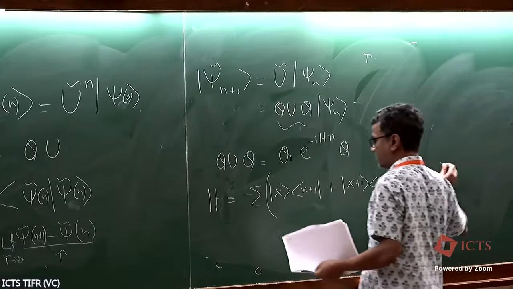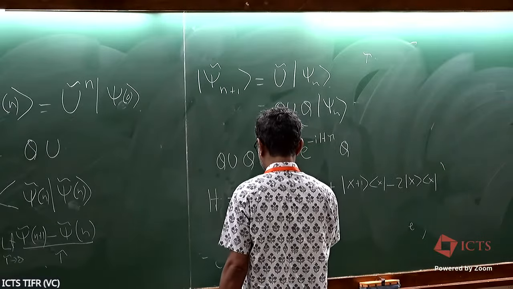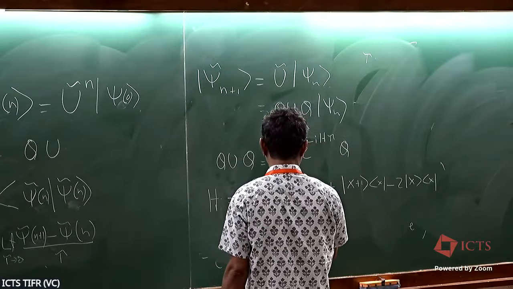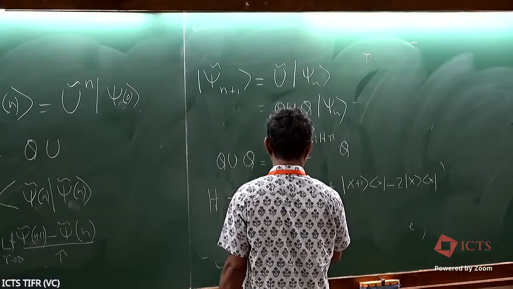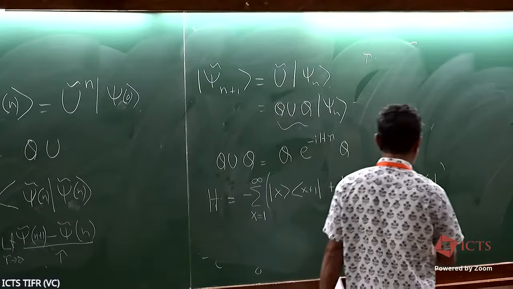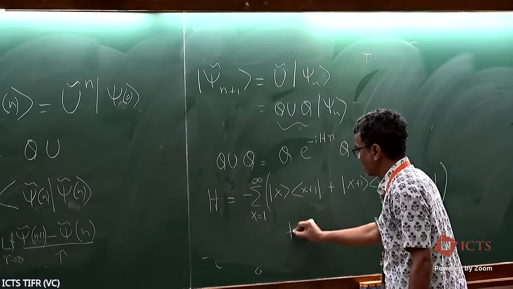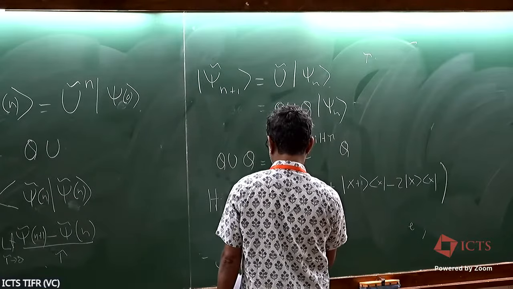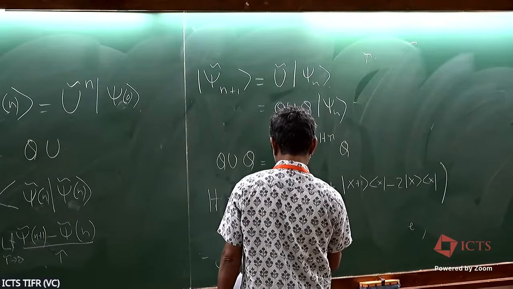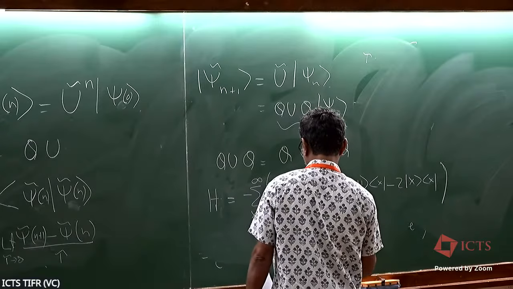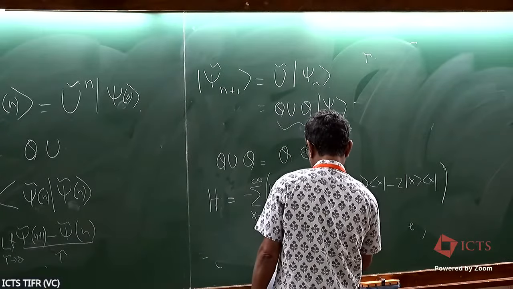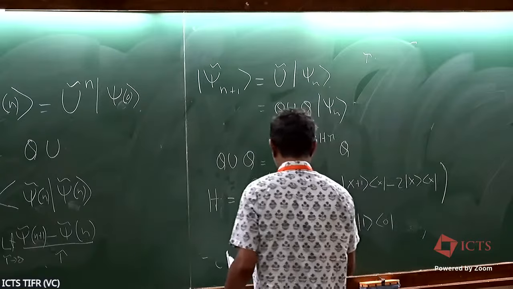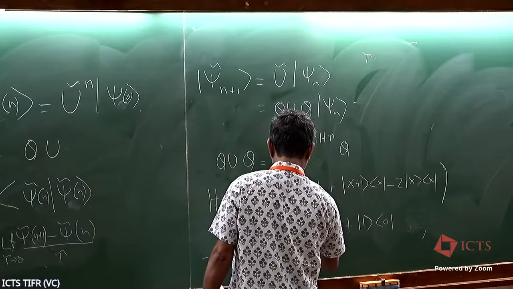Let's say we break this up into two parts. One is the sum over x from 1 to infinity, and then the remaining part, which is between 0 and 1, we write separately. Here we introduce some parameter gamma.